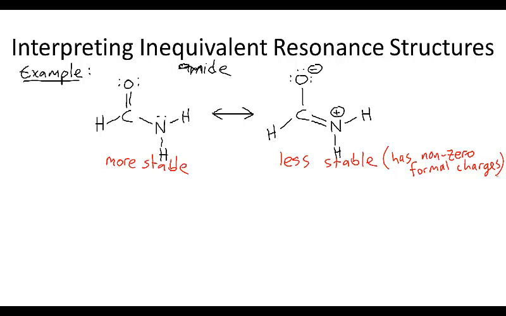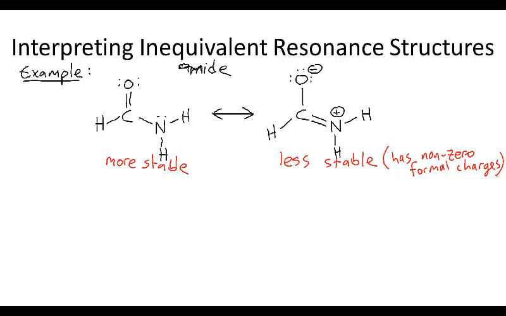So the way to interpret that is to say, well, the hybrid structure, the actual structure of this molecule, is going to be somewhere between these two, but it's going to be closer to the one on the left.